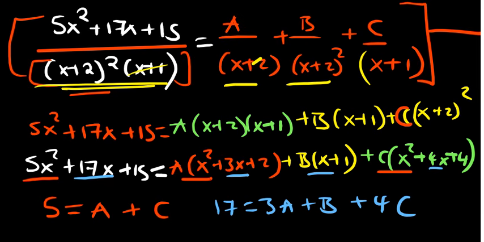Then for our third equation, we're going to go for all the things that only have a constant. So we have 15 being equal to, this part we have a 2, so it's 2a.